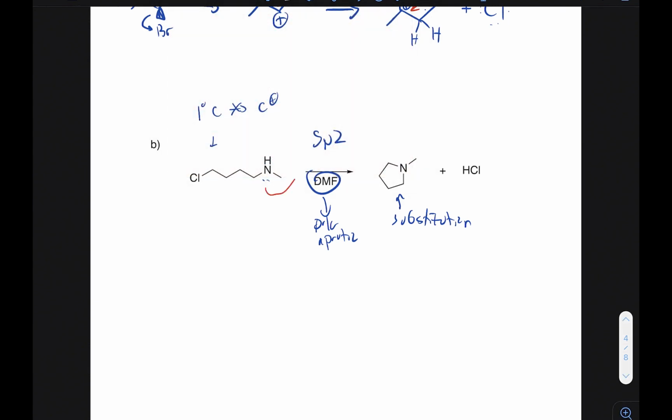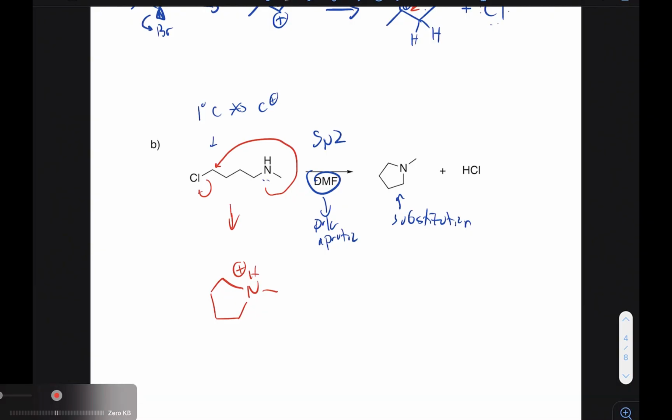This amine is coming in and attacking that carbon attached to the chlorine, and it leaves. So we get the following intermediate, right? This positively charged nitrogen here. Do we see that? With Cl- as our leaving group.